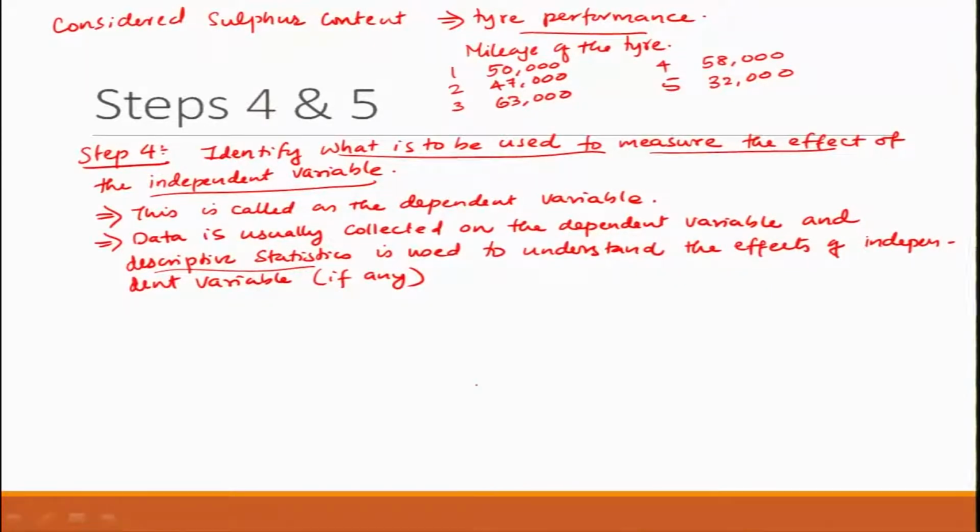The mileage that you measure, which you attribute to the performance of the tire, is influenced by the sulfur content, which in turn influences the mileage. So the mileage becomes the dependent variable through which we measure the impact of sulfur content. Here you use descriptive statistics.